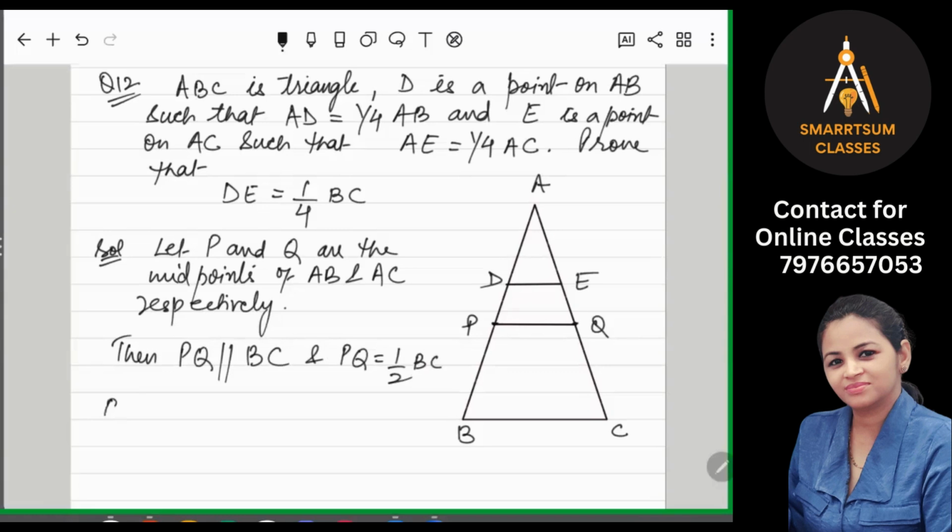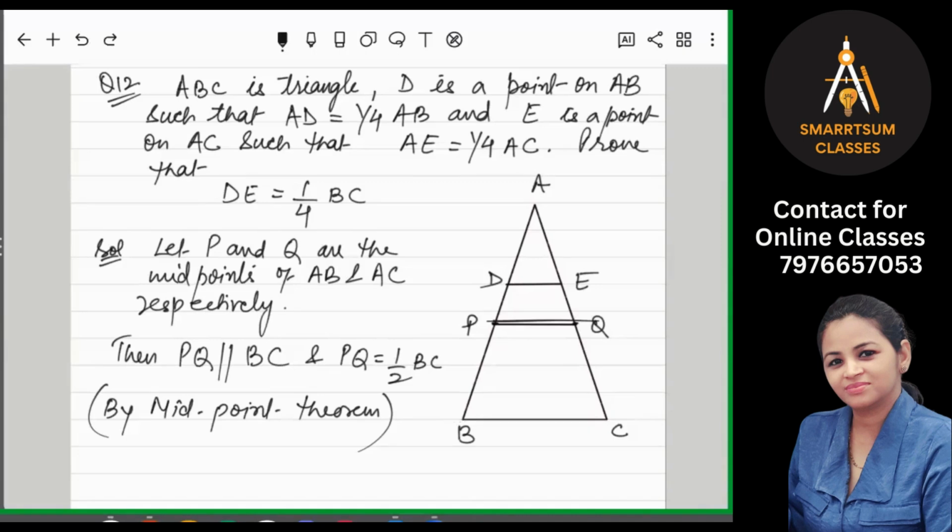By which theorem? By midpoint theorem. By midpoint theorem, we can say that this PQ is parallel to BC and half of it. This is the midpoint theorem: the line joining the midpoints of two sides of a triangle is parallel to the third side and equal to half of it.